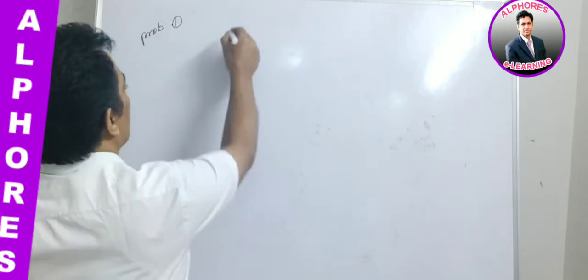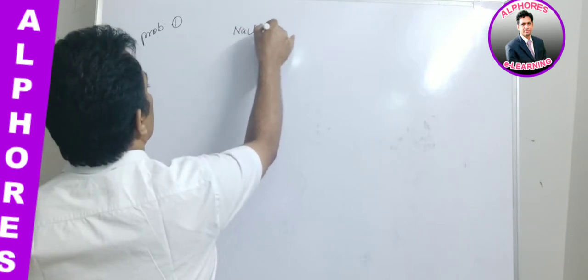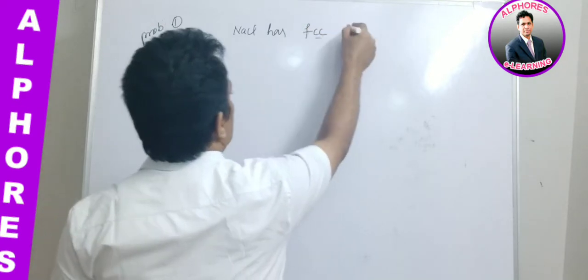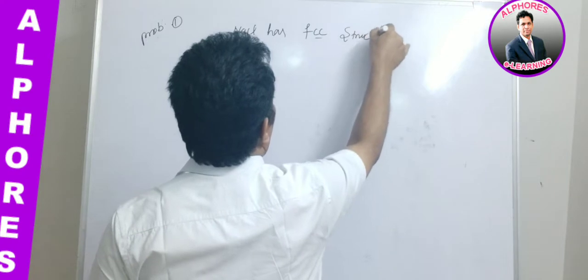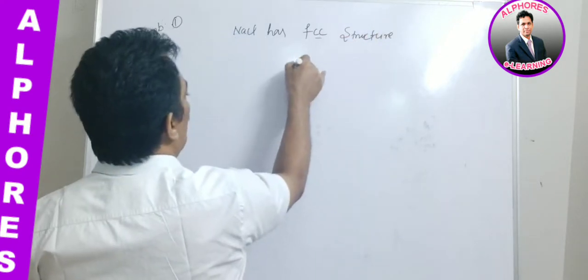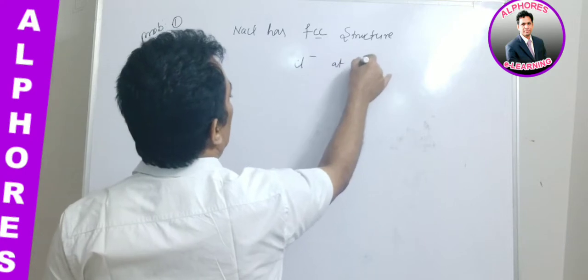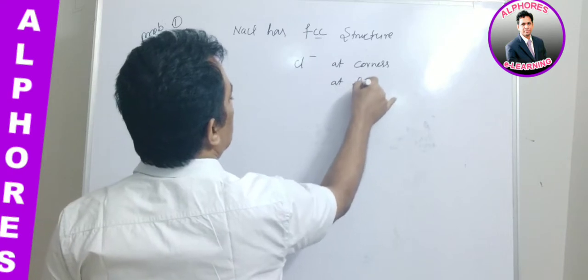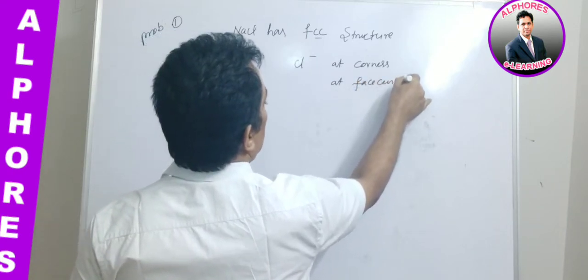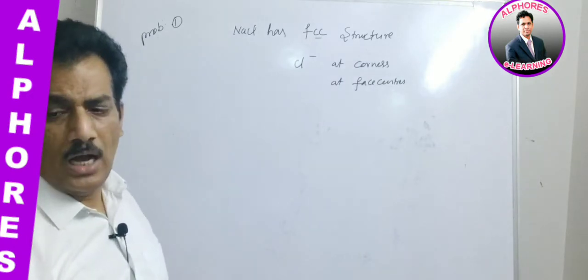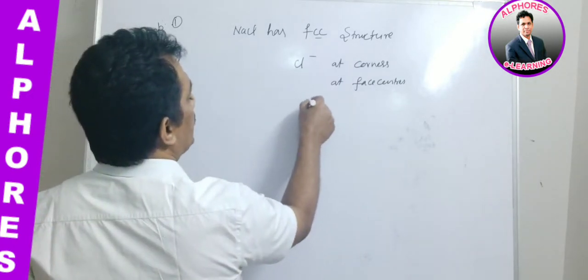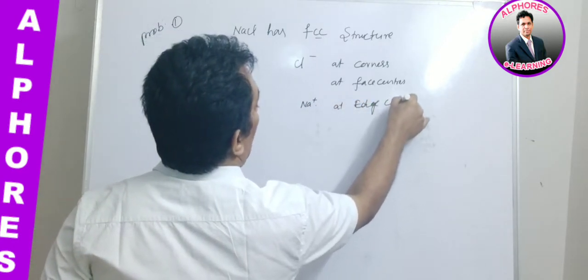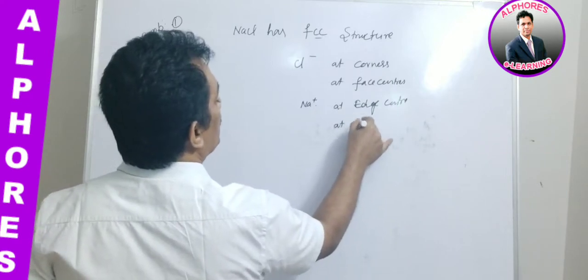Here they are providing the NaCl crystal. NaCl has an FCC crystal structure. In this, the chloride ion is present at corners and at face centers. These are the two positions where we can expect chloride ions. And the sodium ion, Na+, is present at edge centers and at body center.